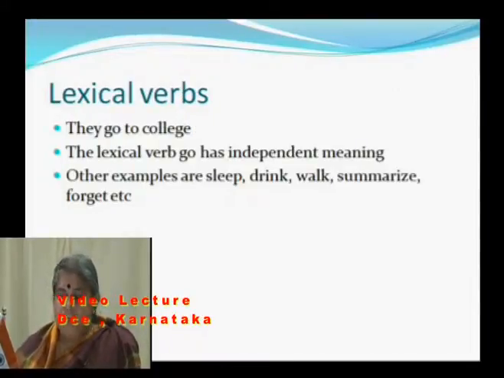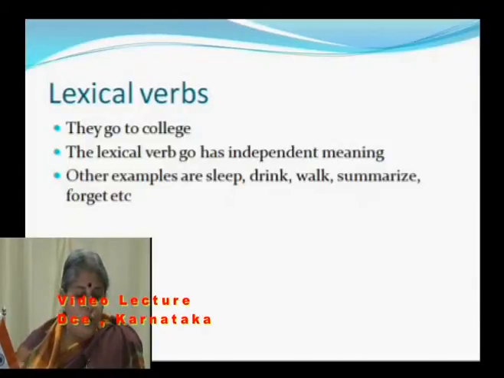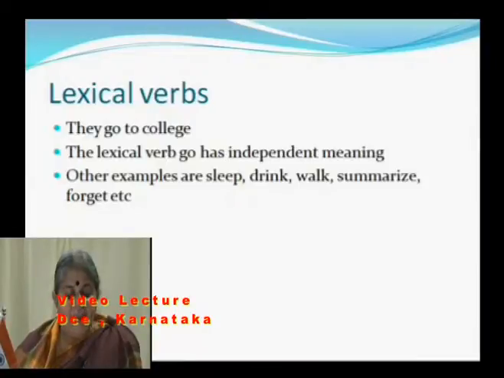Now, lexical verbs. Lexical verbs are those verbs which have an independent meaning that is clear and definable. I have given you this example: They go to college.